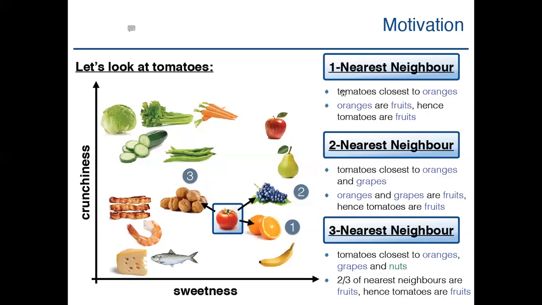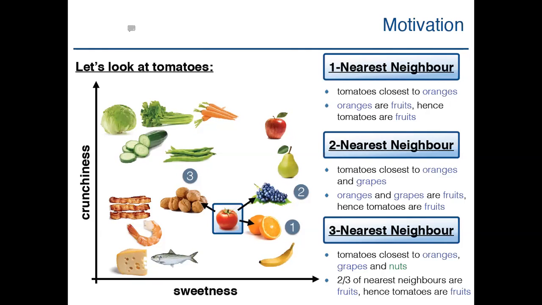So आप अगर इस case में बात करें, tomatoes are closest to oranges. ठीक है, आप सिर्फ क्योंकि एक nearest neighbor देख रहे हैं, you'll only consider this orange here. ठीक है, and since oranges are fruits, you would say that tomato is also a fruit.